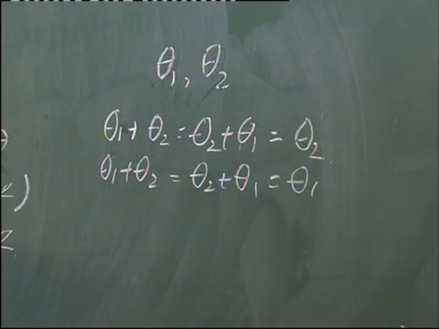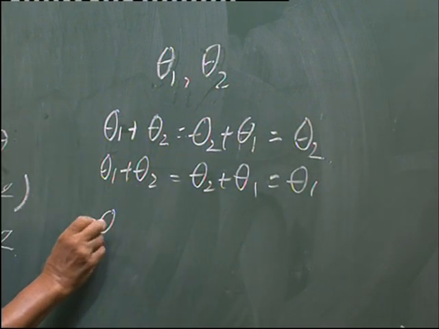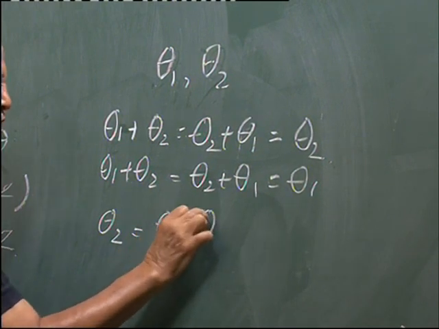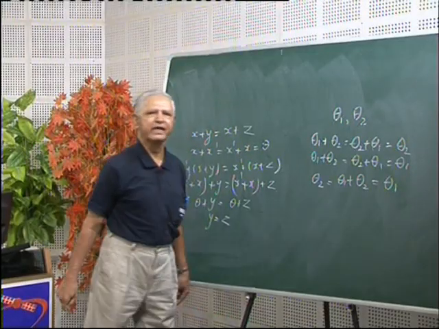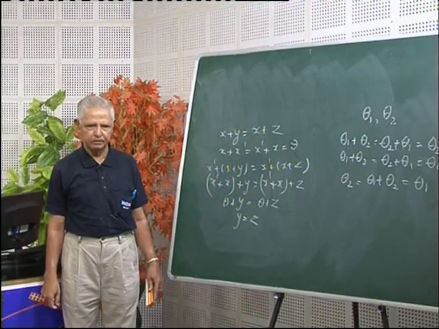From these two equations, since they are equal, theta 2 = theta 1 + theta 2 = theta 1, and that says that our 0 vector is unique.